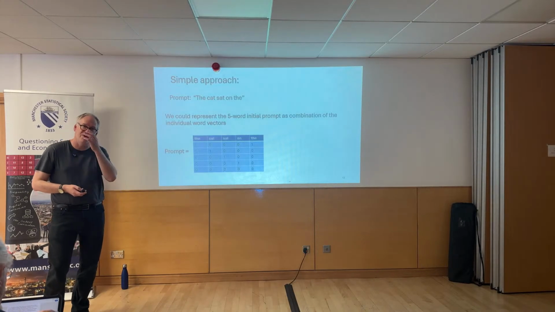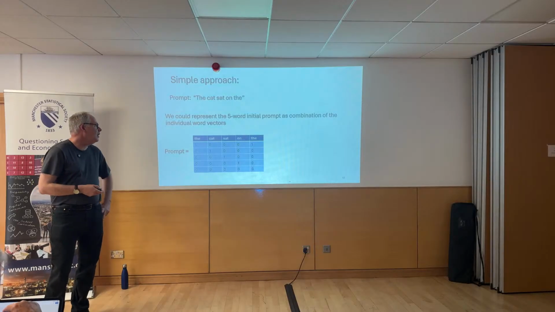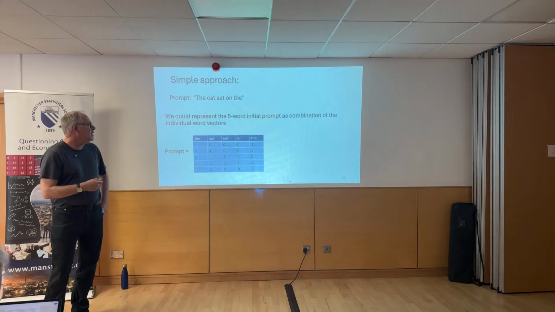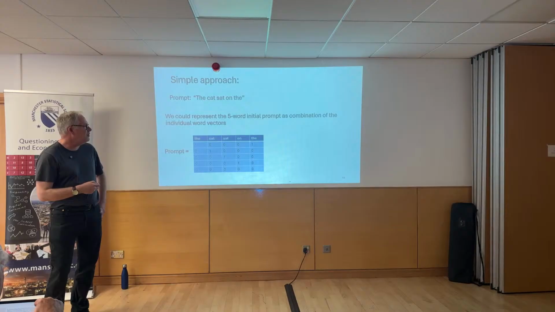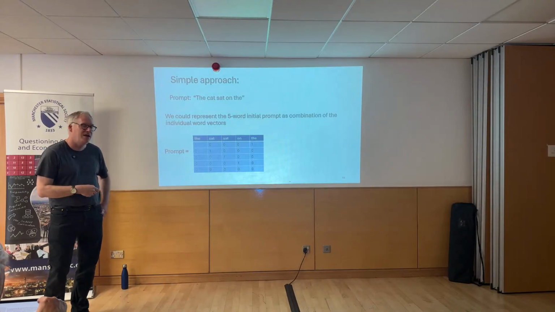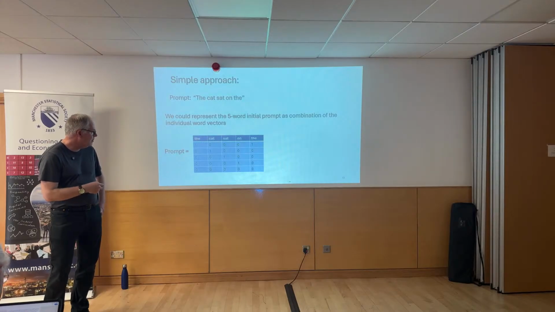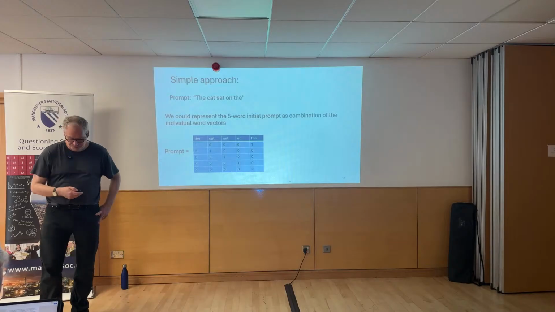I could take a very naive approach. I could just say, right, let's take those 5 words and let's combine the vectors that represent each of the individual words into some sort of, in this case, a table or a matrix. So in each column, I've got its individual vector, and there's my prompt, represented numerically.